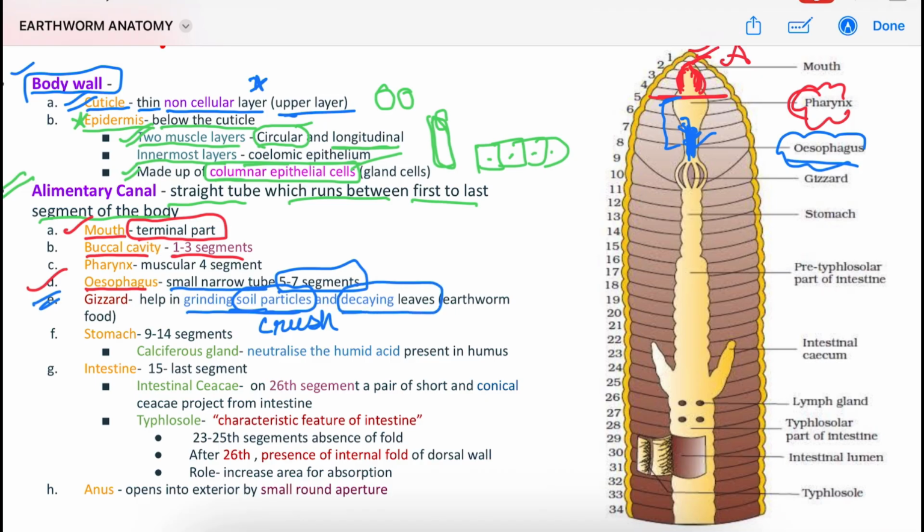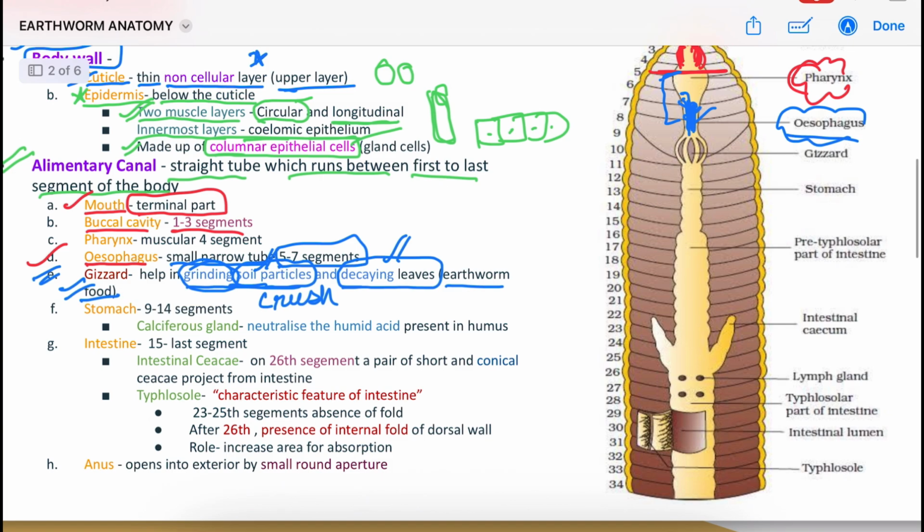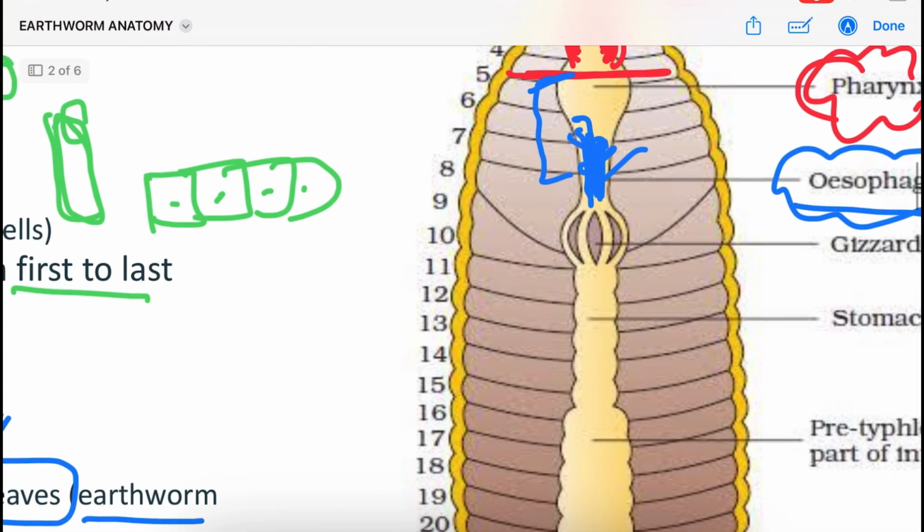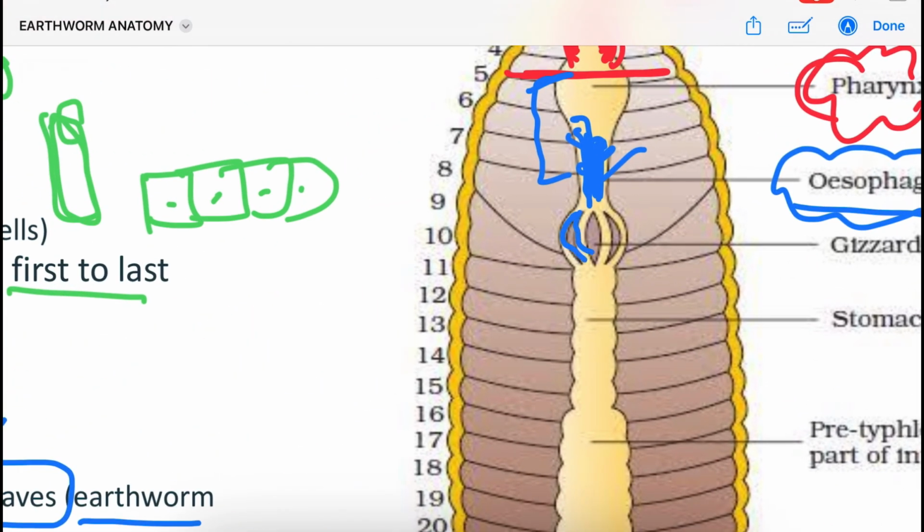Decaying leaves, soil particles, and organic material are the earthworm's food. The gizzard helps in grinding them into small particles. This part is the grinder, crushing soil or decaying leaves.